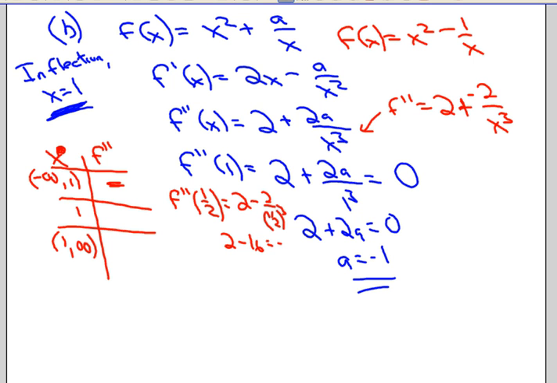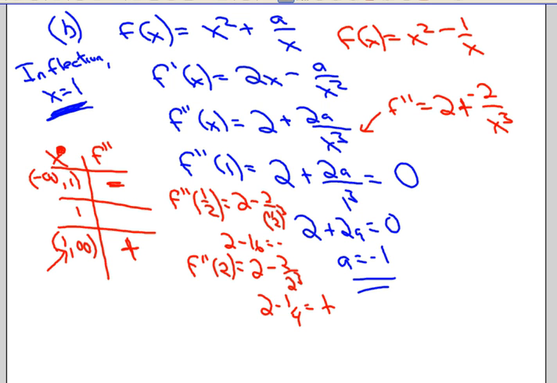Let's try a value bigger. Now, between 1 and infinity, such as 2. I'll take my second derivative at 2. So I get 2 minus 2 over 2 cubed. 2 cubed is 8. I get 2 minus a fourth, which is 1 3/4, which is positive.